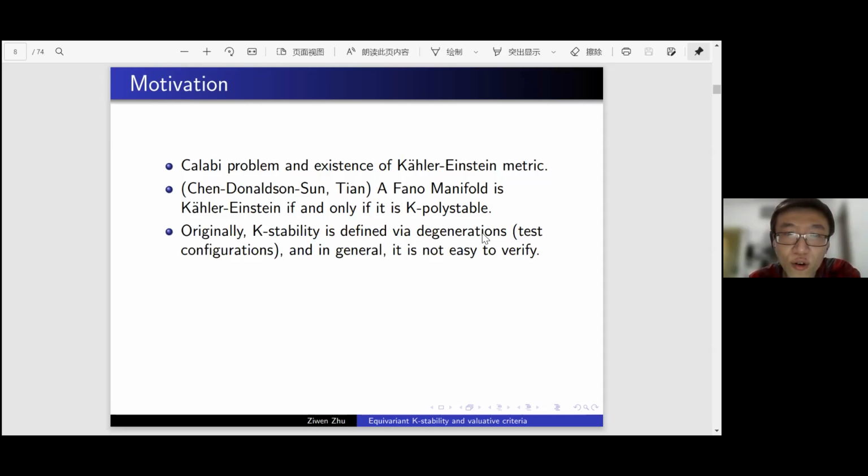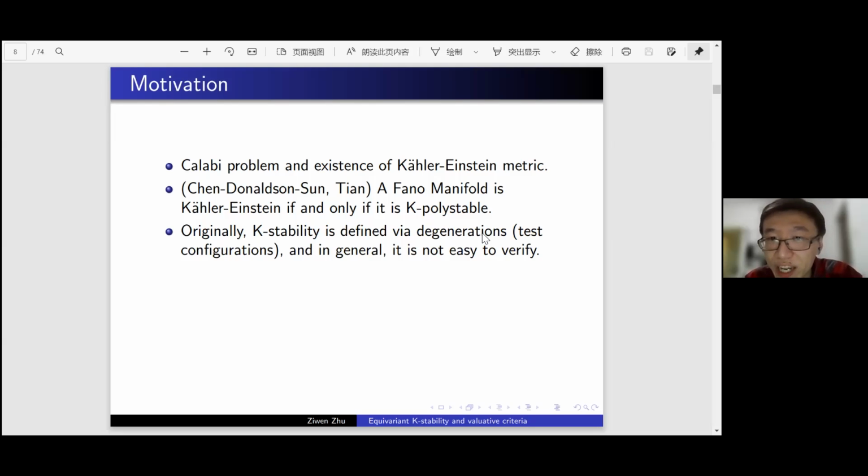However, this K-stability condition is actually quite complicated. It is defined through C-star equivariant degenerations, which we will call test configurations, as we will see in the definition later. So this condition is very hard to verify in concrete examples. For example, even for the simplest case, projective space, we know it's Kähler-Einstein because we have the Fubini-Study metric, and we can verify that it's a Kähler-Einstein metric.